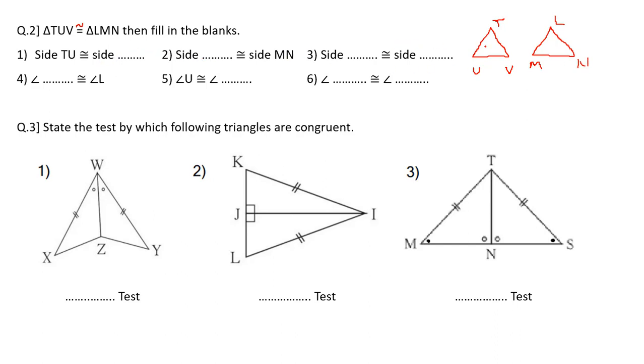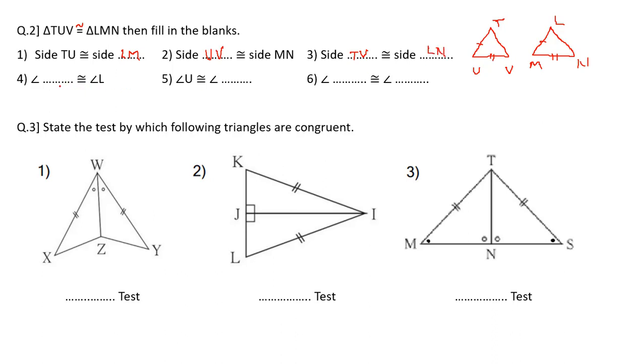So side TU is congruent to LM. Side MN is congruent to UV. First we write the sides or elements of triangle TUV, and then we write elements of LMN. Now remaining side TV is congruent to side LN in this way.